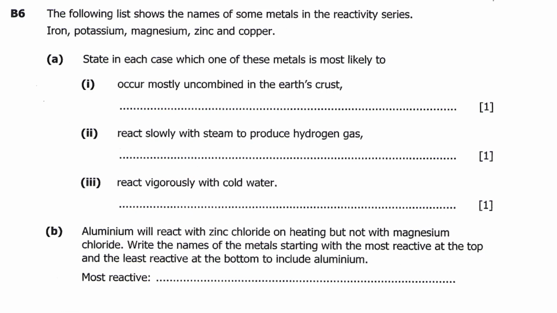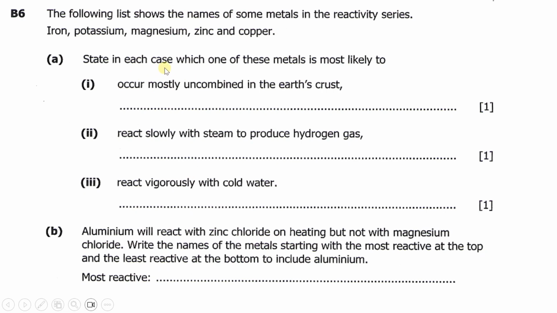So the ones that are found combined are gold, silver, and mercury. These are found combined in the Earth's crust, but copper, going upward of the reactivity series, we see that these others get combined because they are reactive. However, according to this question, the one that is less reactive is copper.